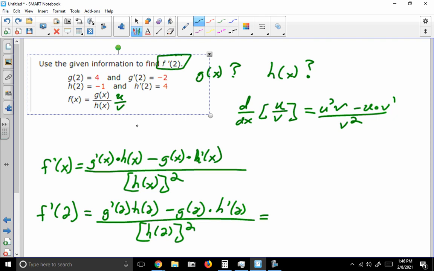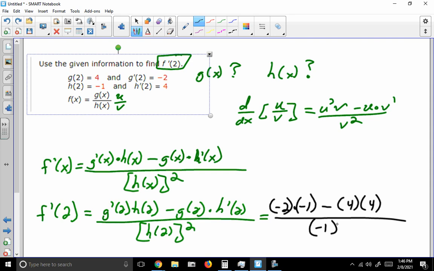So g prime at 2 is negative 2. h at 2 is negative 1. g at 2 is 4. h prime is 4. And h is negative 1, that's going to get squared.